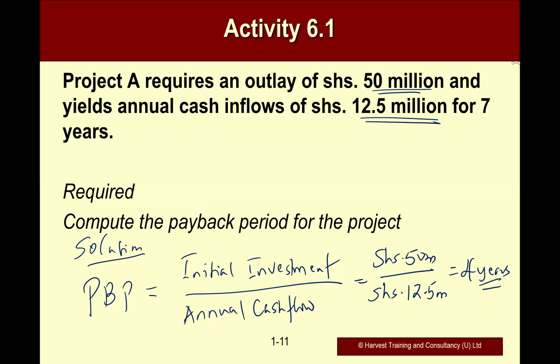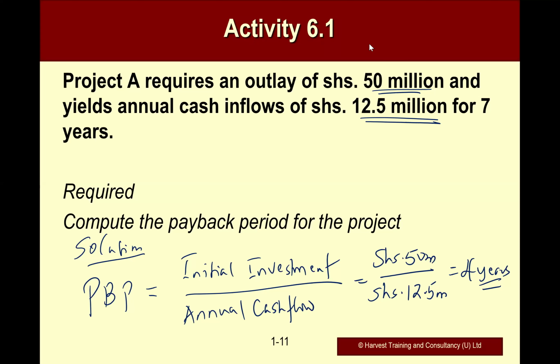You can only say yes if you're sure about the company's payback period policy. You get it? You must be sure about the company's payback period policy. That's when you can say yes. But ideally, we see the project is a viable one because it pays back within the life. After 4 years, you get your money.